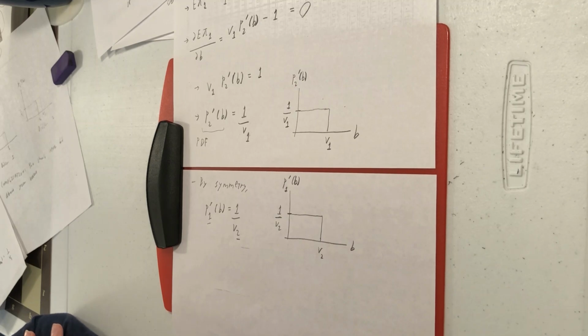That's not a mistake. We know you should never bid above your value. So it means that person 2 should never bid above V2, right? You never want to intentionally overbid.